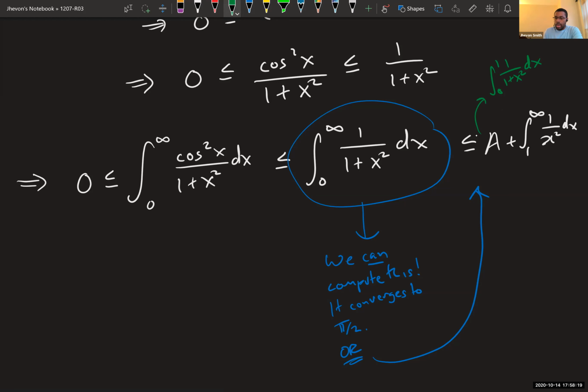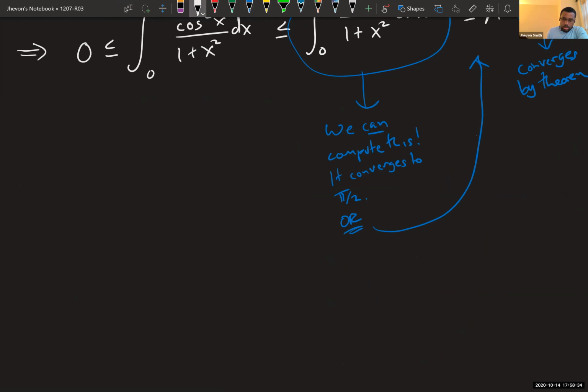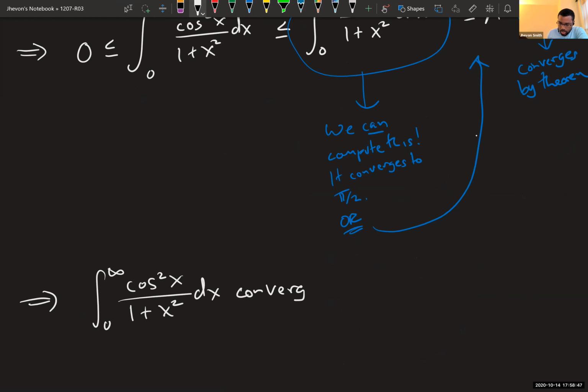Either way, you know that this would converge as well. Converges by theorem. So ultimately, the integral from 0 to infinity of cosine squared x over 1 plus x squared dx converges by comparison.